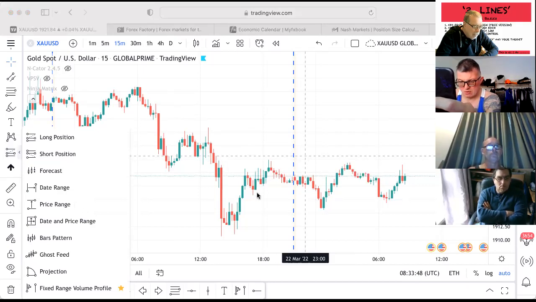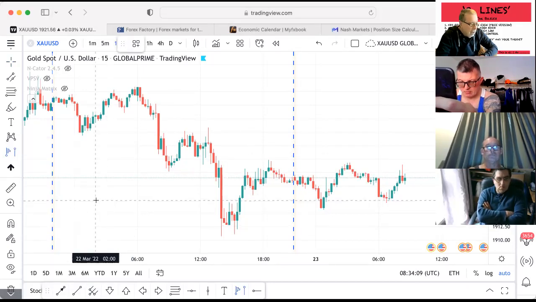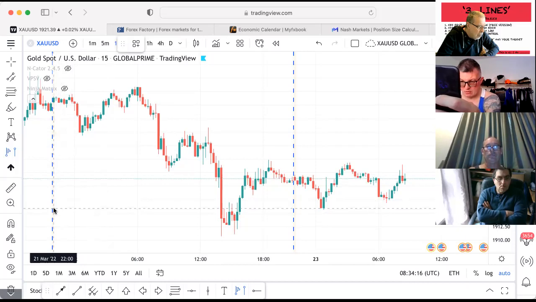I'm just trying to get rid of a pop-up that keeps appearing on my screen. There we go. So you click on that and you get a drop-down menu, and at the very bottom you'll find fixed range volume profile. As I say, this is available on the free version of TradingView. Click on there and go to the first candle of yesterday's session, that green one there.